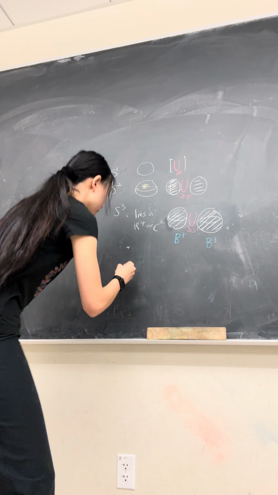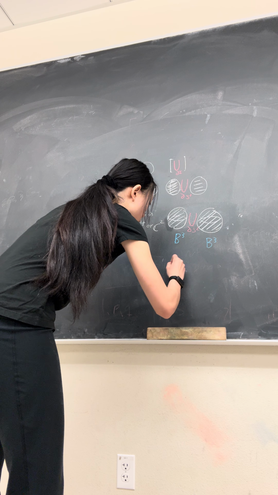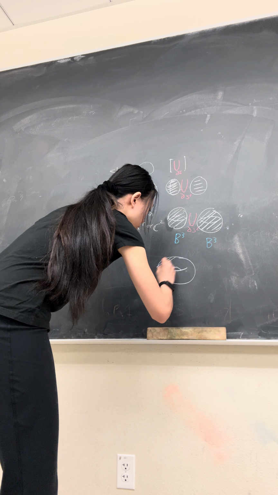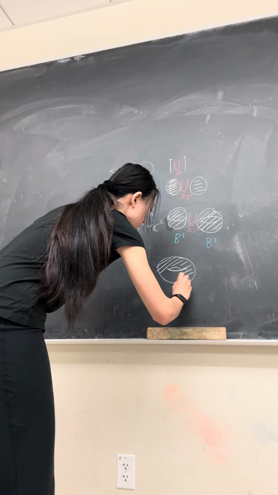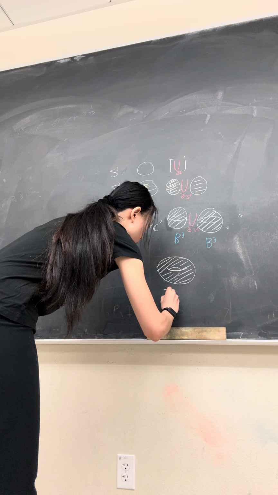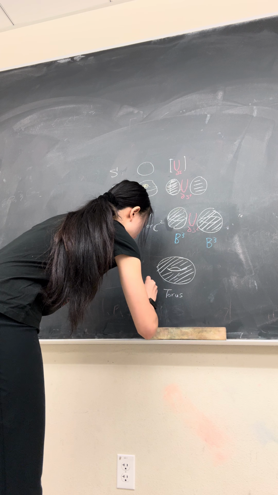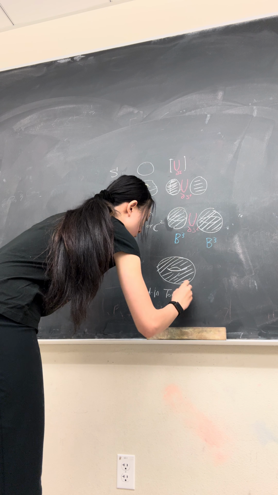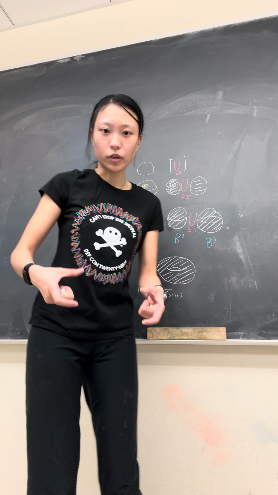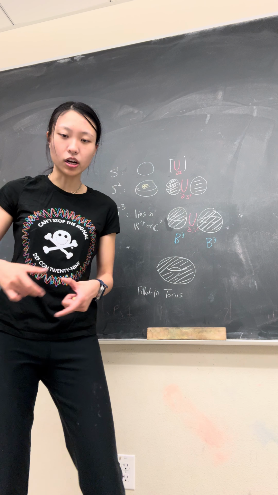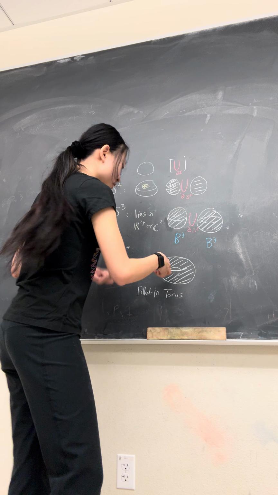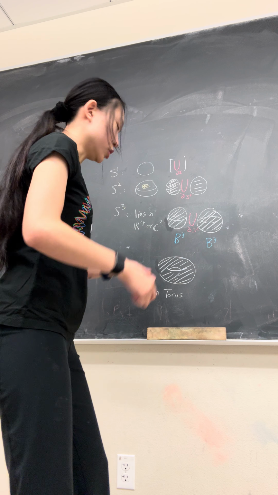So S3 could be constructed as a solid torus glued along the boundary of T2. So okay, this is a torus, but it's filled in. Imagine a donut, except filled in. Normally when topologists say a torus, they mean the shell of a donut.